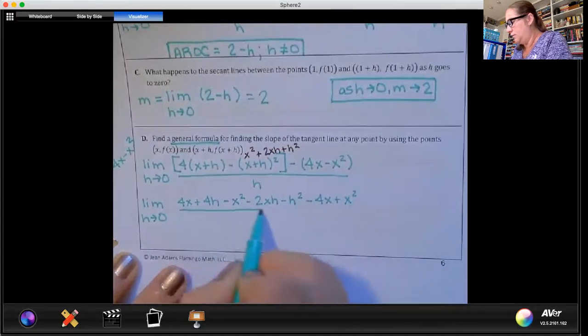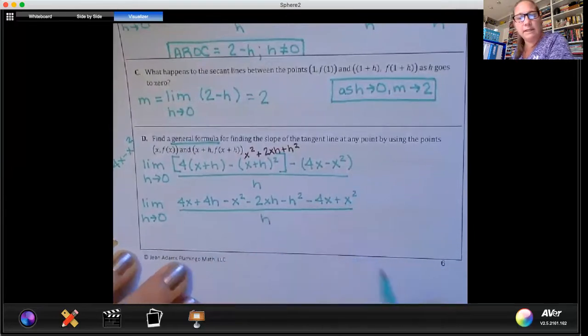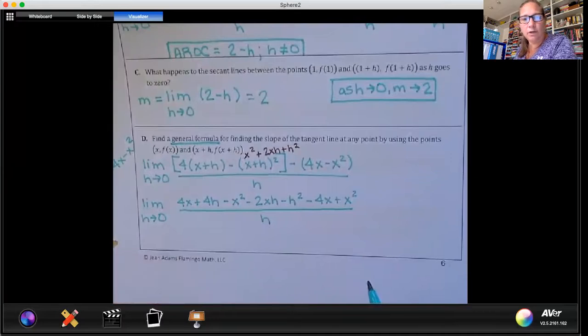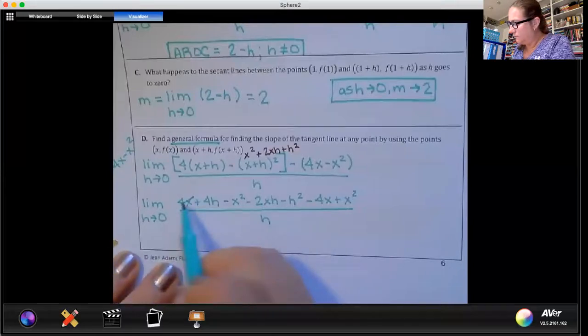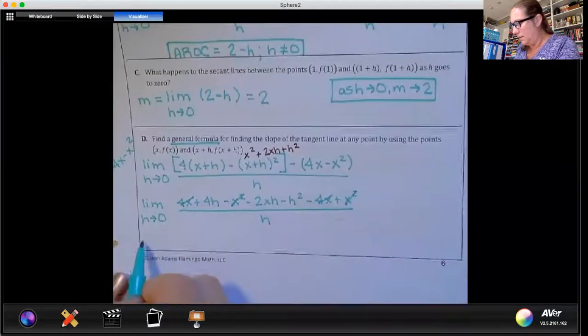It is very important that you try not to skip steps here. I don't want you to make a mistake in your problem, get your answer wrong, because you're trying to do too much at once. 4x's cancel, x squareds cancel, and we have the limit as h approaches 0.